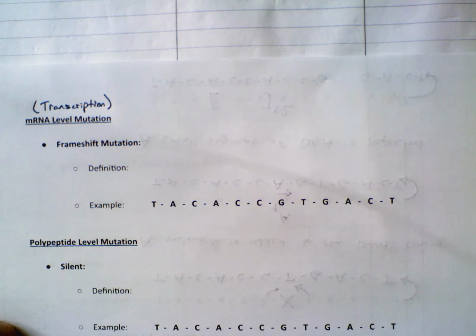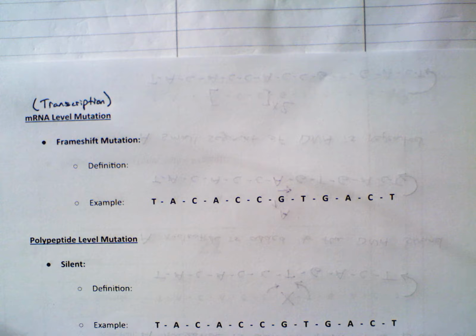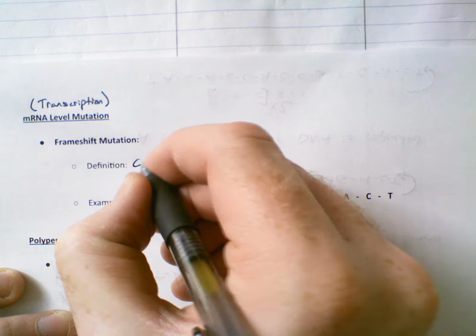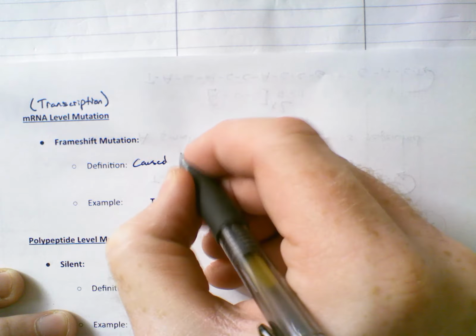All right, so we're going to be looking at frame shifts, and then we'll also talk about a point mutation. I didn't put point mutations on here, but we'll kind of add it. So with a frame shift mutation, it's going to be caused by an insertion or deletion.